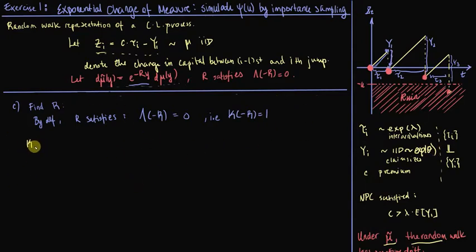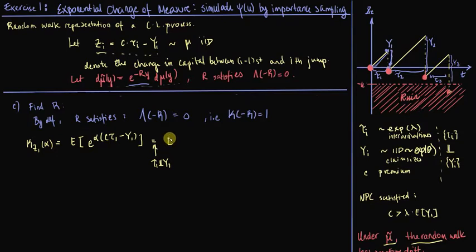Let's try to find the moment generating function of just alpha. So in general, the moment generating function of Z1 is given by the mean value of e to the alpha, then we just plug in c tau 1 minus y1. Now since we're in the Cramér-Lundberg model, we have that tau 1 and y1 are independent.